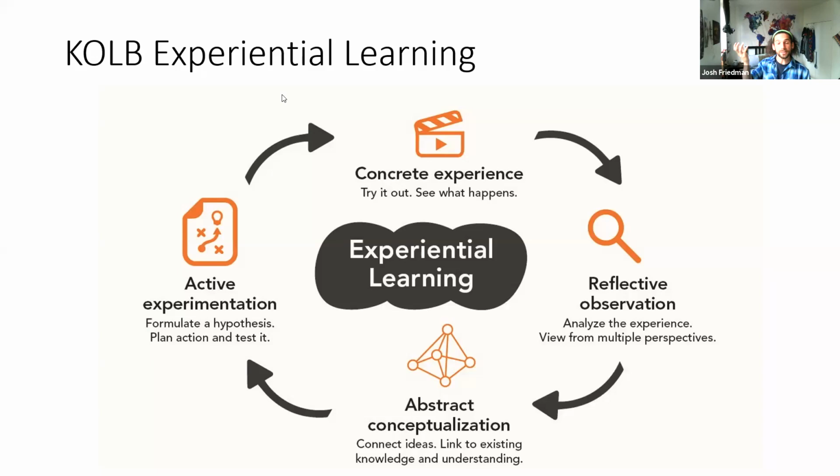And then I can reflectively observe, what does that mean for this ball and that ground? Well, it might mean that the ball is heavier or denser or harder, or the ground is softer or flexible, whatever that may mean. I'm reflecting on it. I'm trying to assign meaning to what's going on in front of me.